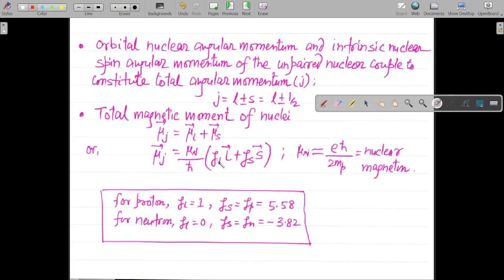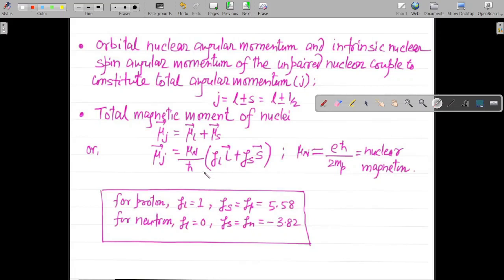For proton, gS equals gP, which is 5.58. These values you must remember. For neutron, gS equals gN, where N is for neutron, which is minus 3.82. So gL equals 0 for neutron and gL equals 1 for proton.